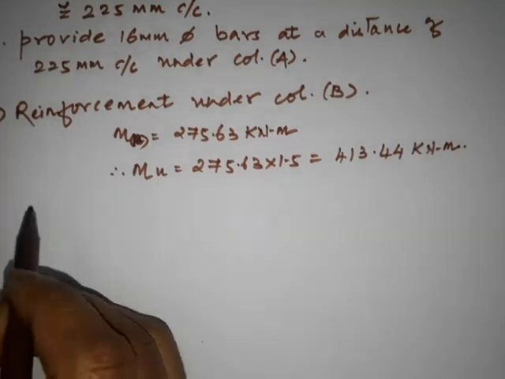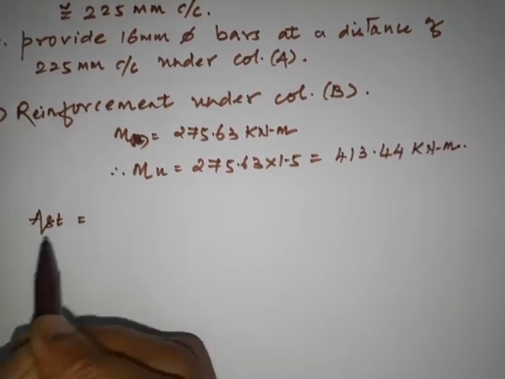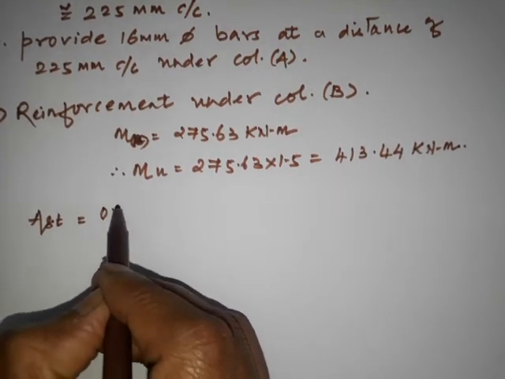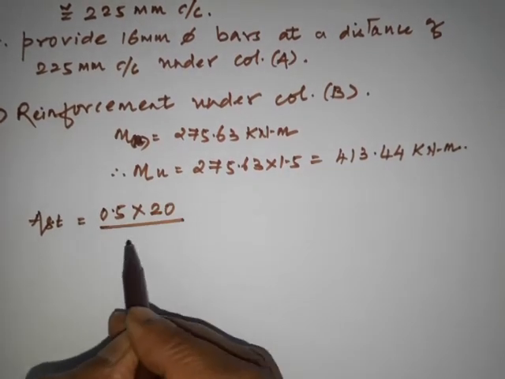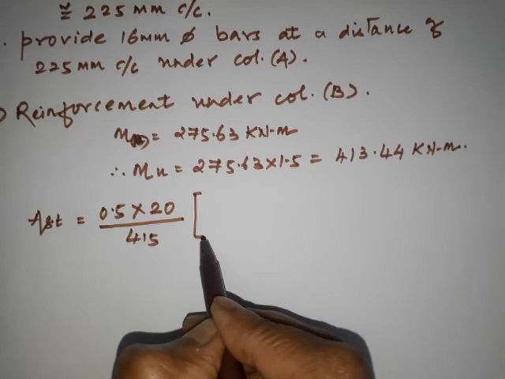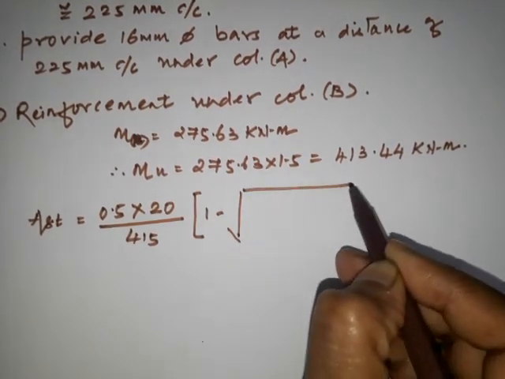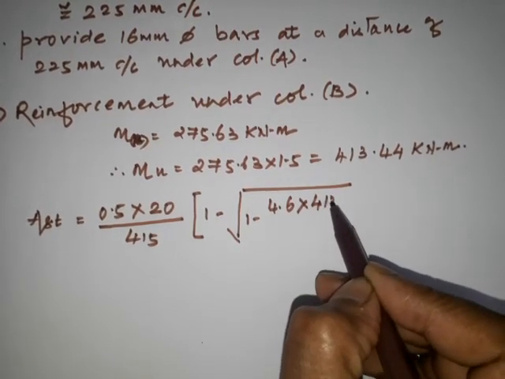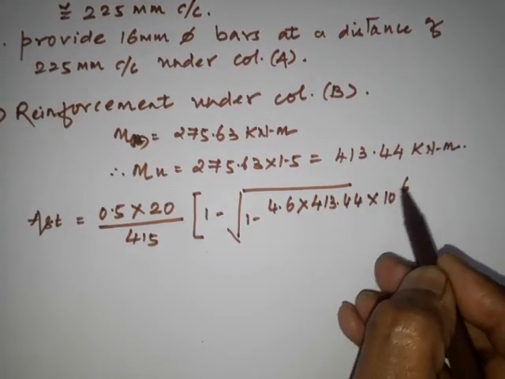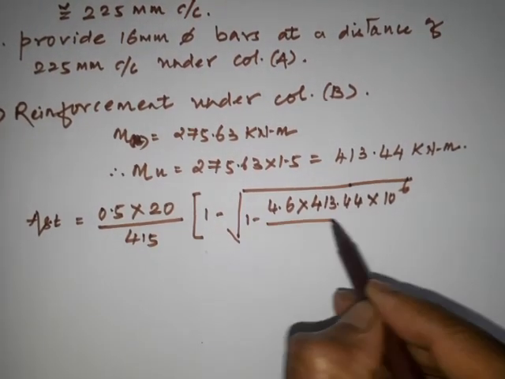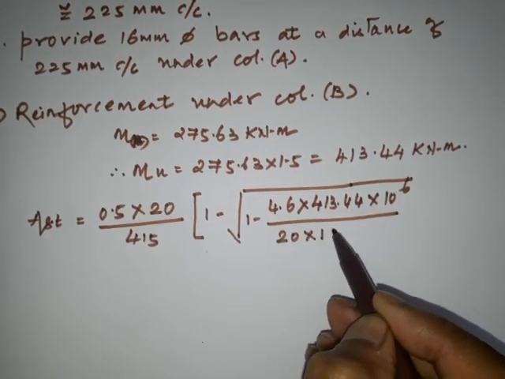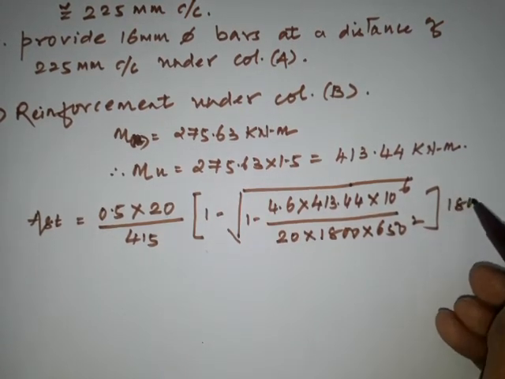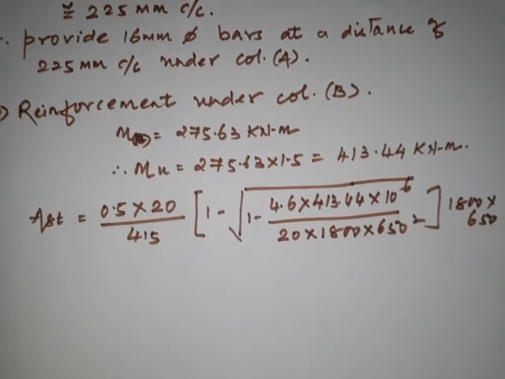So let us calculate the AST now. Therefore AST is equal to 0.5 fck by fy, that is 415, into bracket of 1 minus square root of 1 minus 4.6 Mu, already we have calculated here, 413.44 into 10^6 divided by fck B D square. fck is 20, B is 1800, depth is 650 square into B 1800 into 650.